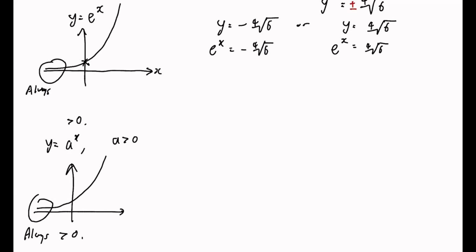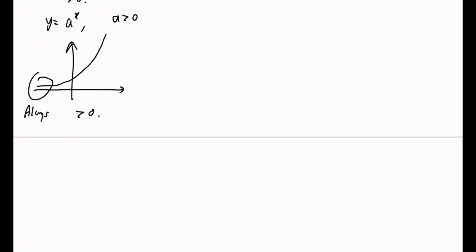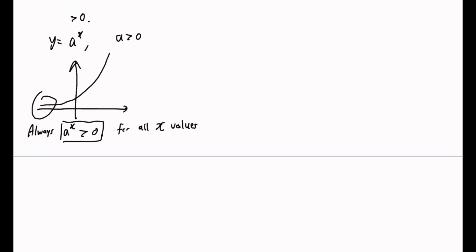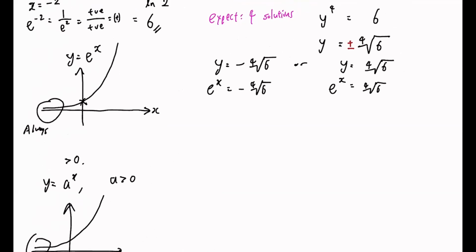What is more than 0, to be more specific? I mean, a power x is more than 0, always, for all x values. No matter what x value you put inside a power x, as long as you see a power, it will become positive. Strictly positive. Is that clear?